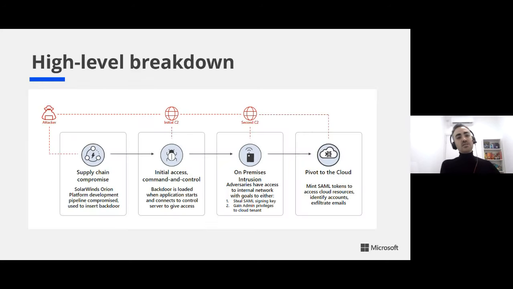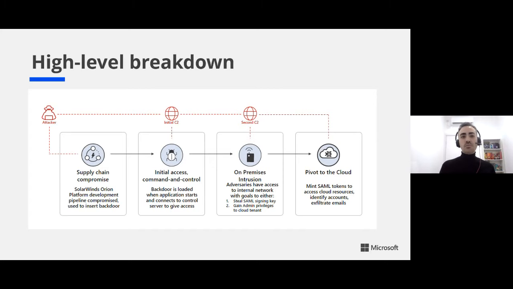So just to give you a high-level breakdown of what happened in the attack, we have 4 main phases here. The first phase talks about the initial hacking of SolarWinds. And once they were inside SolarWinds, they used malicious code and implemented it into the updates of SolarWinds Orion.